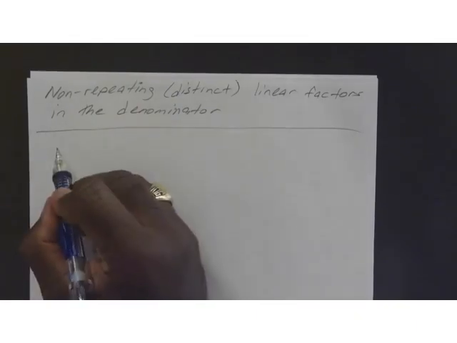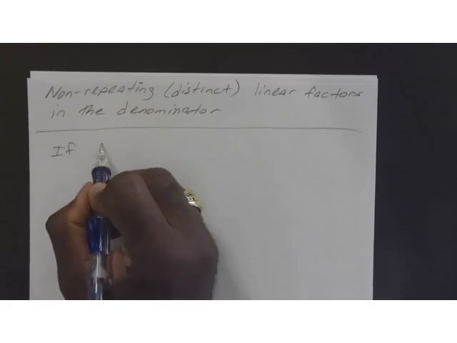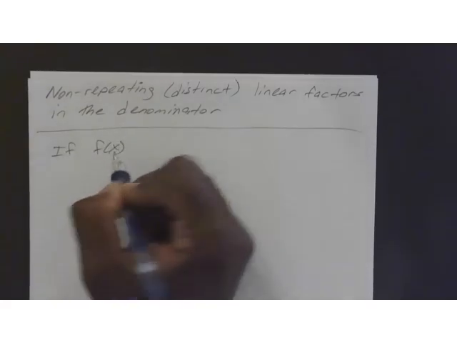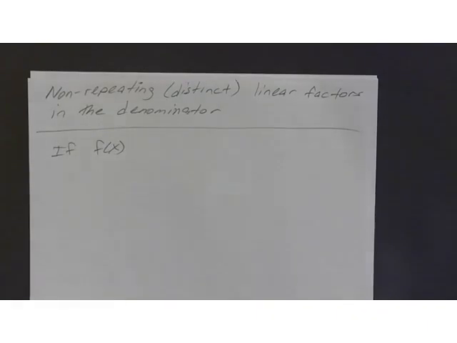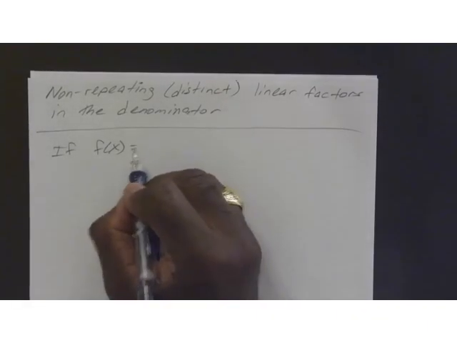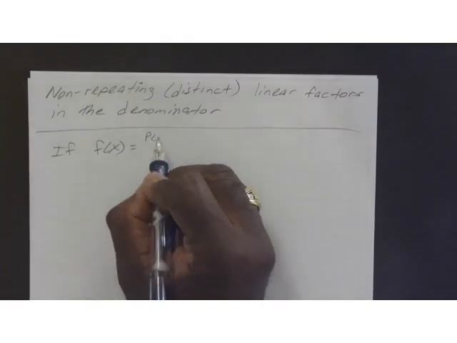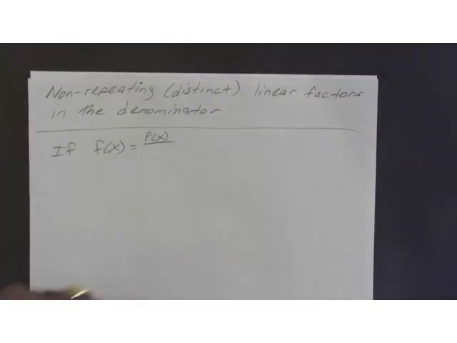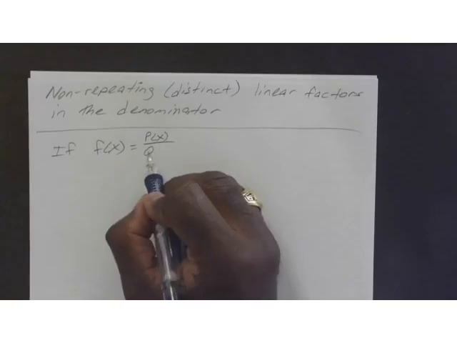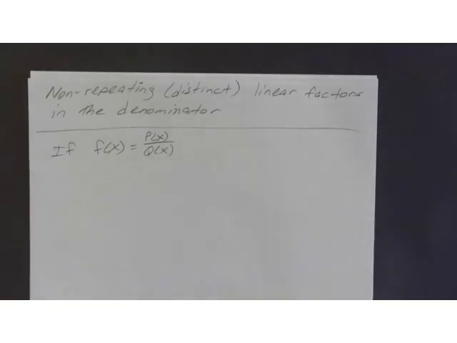Let's say you happen to have a function f of x, and that function is just a quotient of two functions. Your numerator is p of x, and your denominator is q of x.